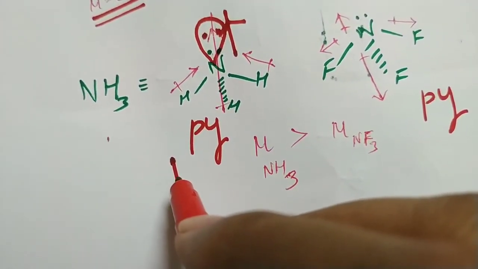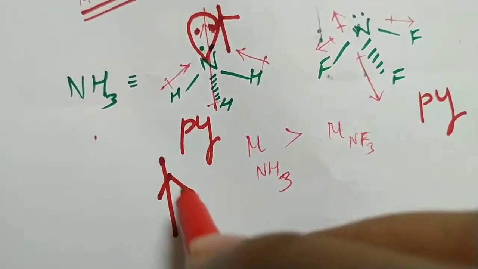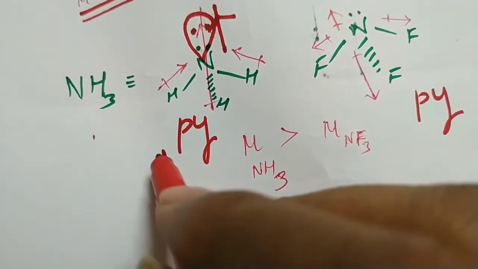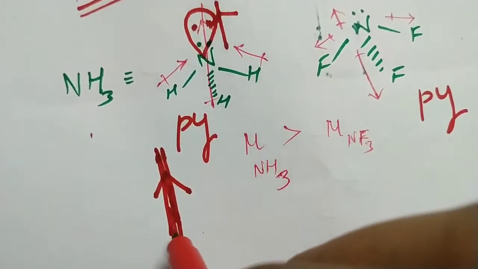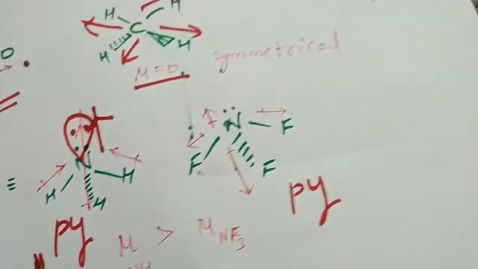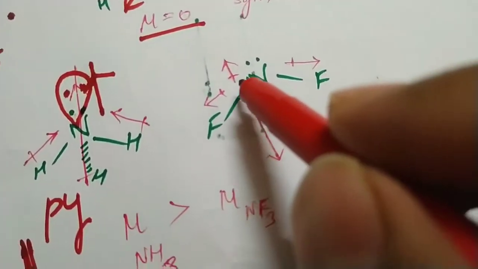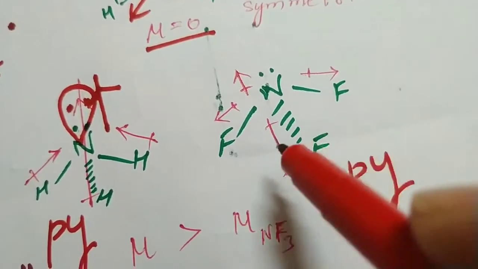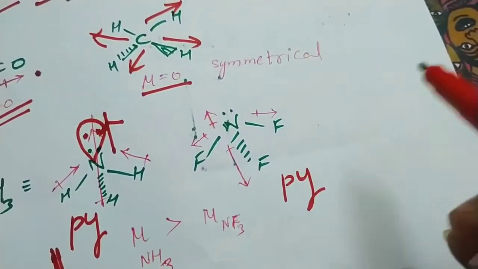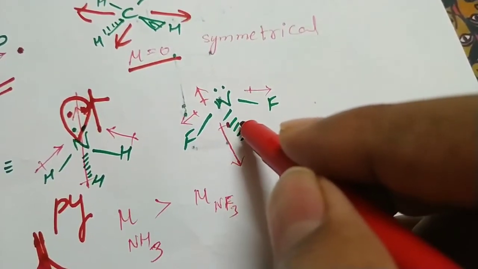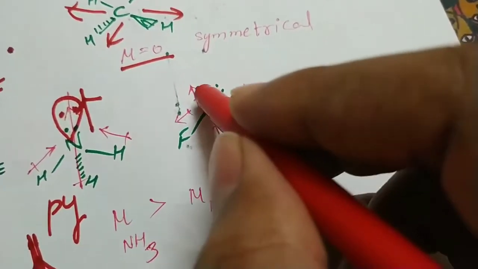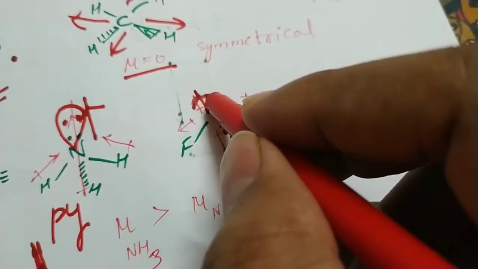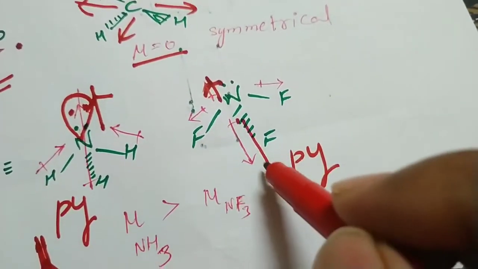Dipole moment is a vector quantity, so the resultant goes up. In NF3, the electron density is pulled toward the fluorines, all three forming a triangular shape at the bottom, so the resultant is downward, opposing the lone pair's upward pull. So there is some cancellation.